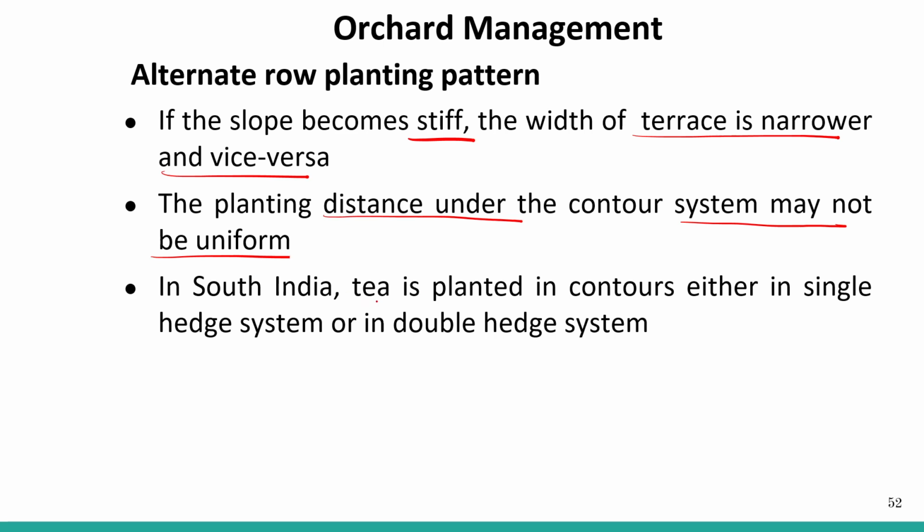In South India, tea is planted in contour either in a single hedge system or in a double hedge system. So accordingly, we can have a single tea hedge or a double tea hedge according to the available land per terrace.